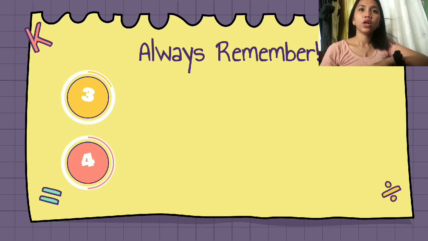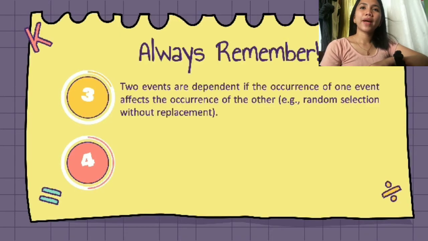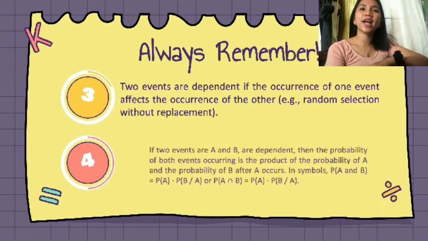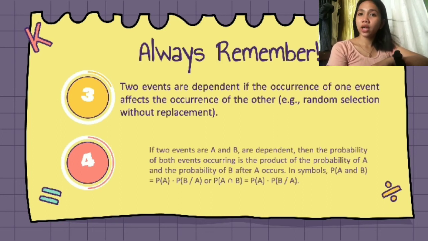Third, two events are dependent if the occurrence of one event affects the occurrence of the other. Fourth, if two events A and B are dependent, then the probability of both events occurring is the product of the probability of A and the probability of B after A occurs.